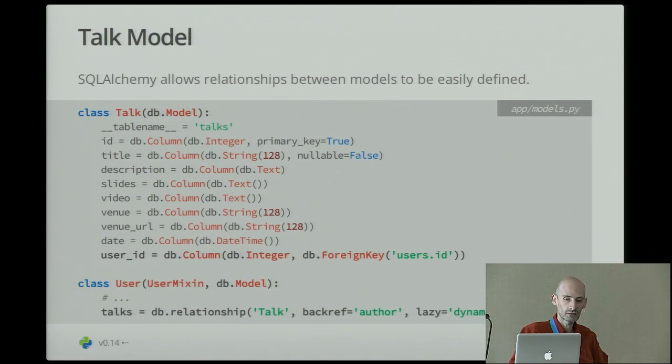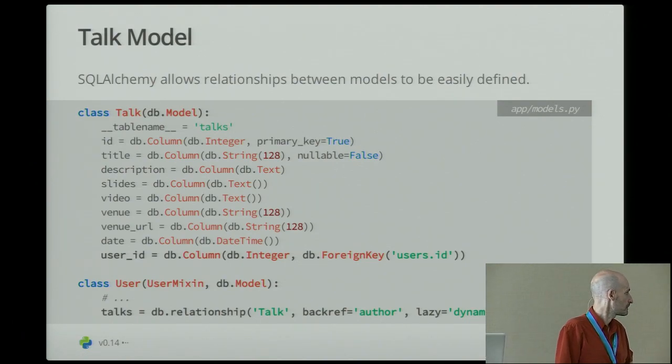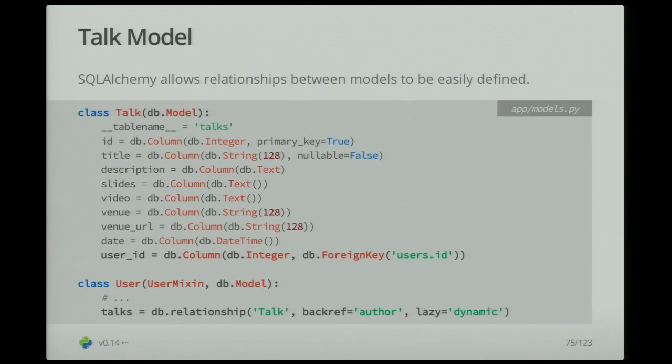So here's my talk model. It has all the fields I decided to show for a talk: a title, a description, the code to embed the slides, the code to embed the video, a venue name, a URL, a date, and something new, a relationship.